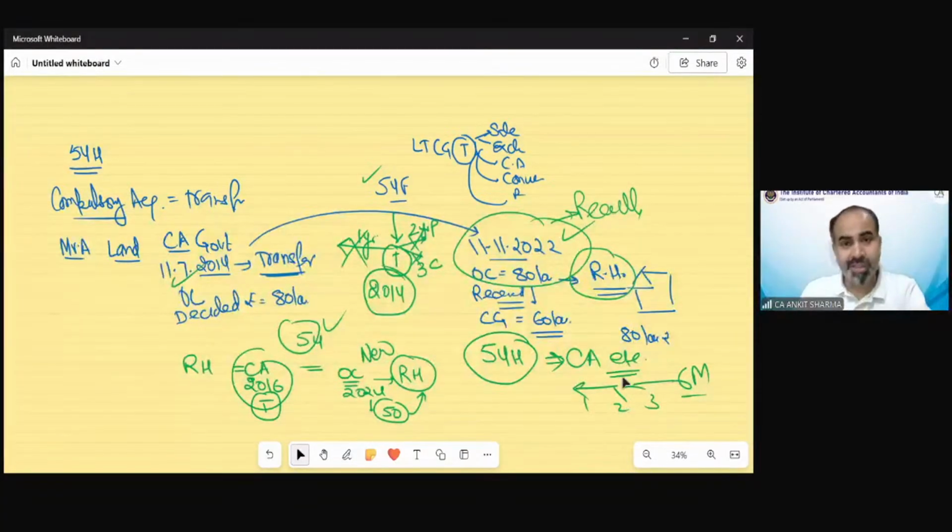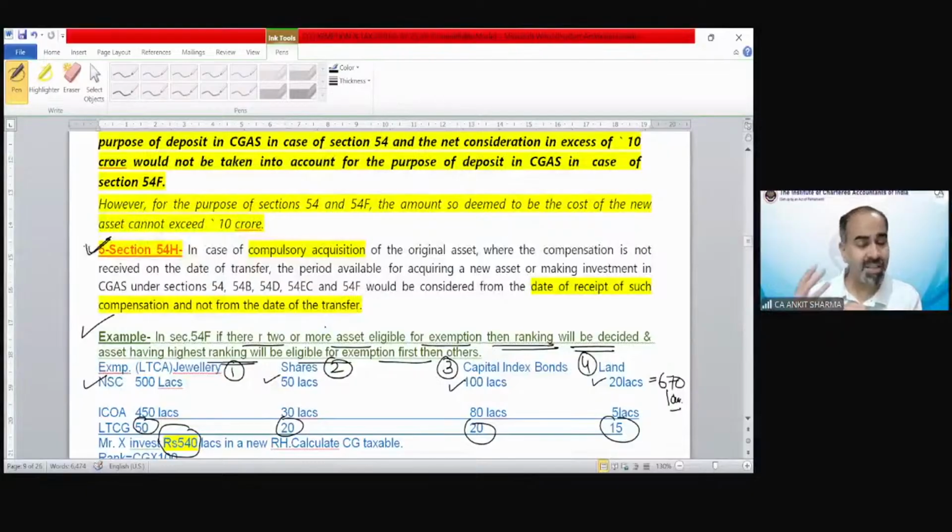Understood? So this is section 54H. It's a very welcome clarification because it removed that injustice which the assessee could have faced due to this section's implication. So now section 54H relaxes the provisions of investment in case of compulsory acquisition of the original asset where the compensation is not received on the date of transfer.